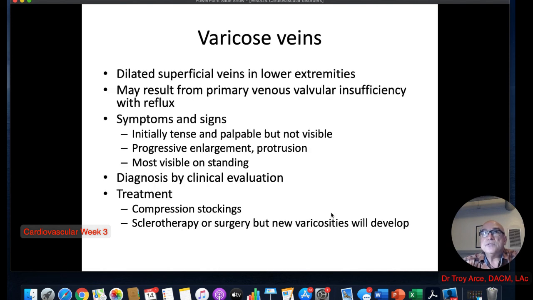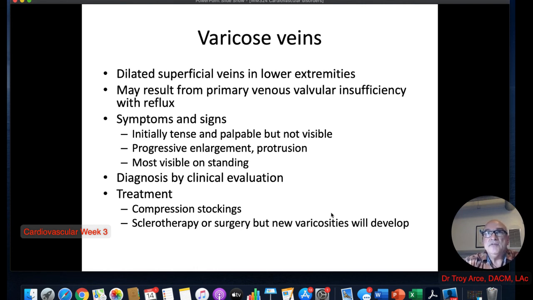Varicose veins. So this is our last portion. They're dilated superficial veins in the lower extremities, and it may result from primary venous valvular insufficiency with reflux. Symptoms and signs: it's initially tense and palpable, but not visible, and there's progressive enlargement and protrusion, most visible on standing.